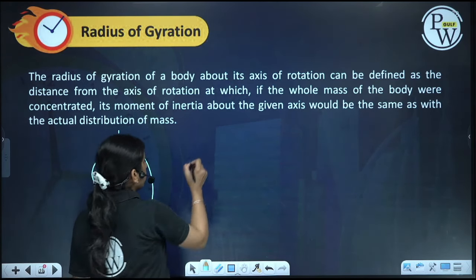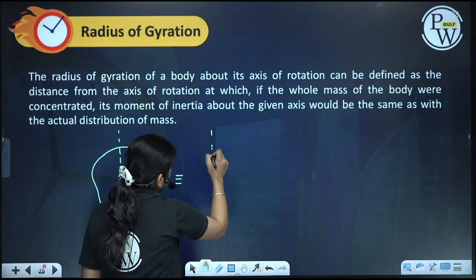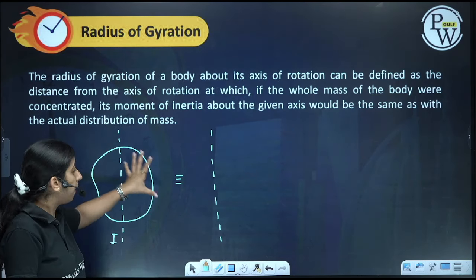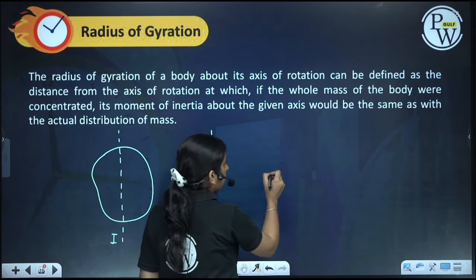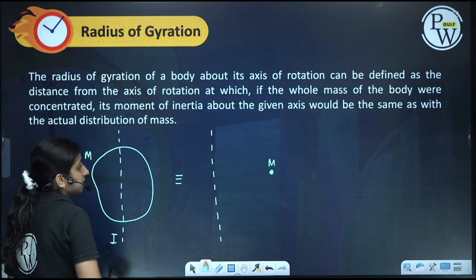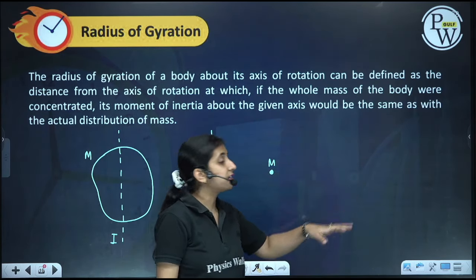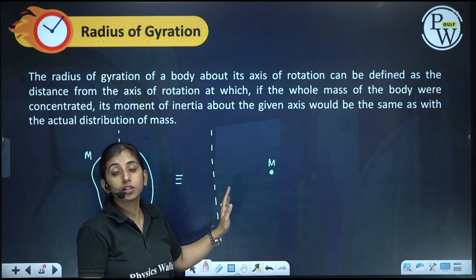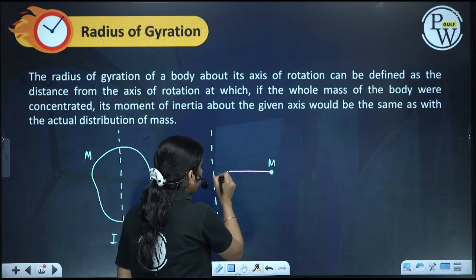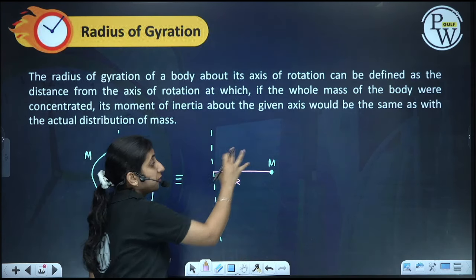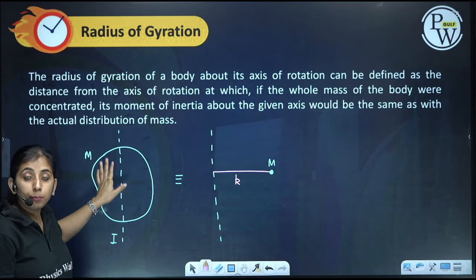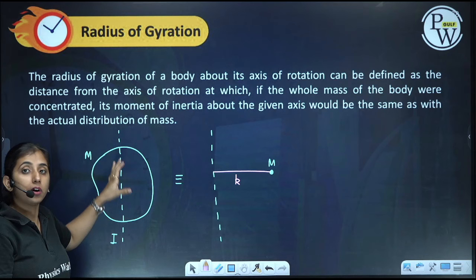Now if we concentrate the whole mass of this body at some point, then at what distance from the axis of rotation should this point mass be placed such that the moment of inertia of this point mass is the same as the moment of inertia of this complete mass-distributed rigid body about this axis?